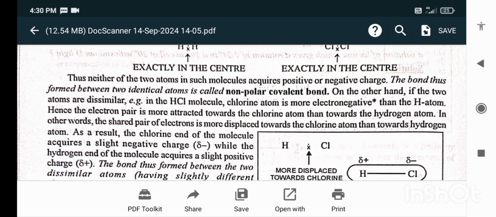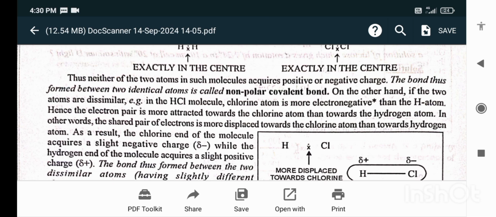On the other hand, if the two atoms are dissimilar, for example in the HCl molecule, the chlorine atom is more electronegative than the hydrogen atom. Hence, the electron pair is more attracted towards the chlorine atom than towards the hydrogen atom. In other words, the shared pair of electrons is more displaced towards the chlorine atom.